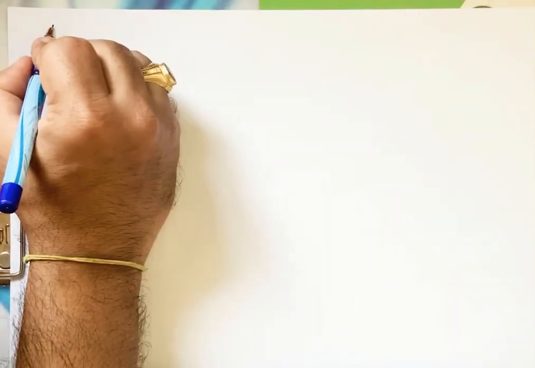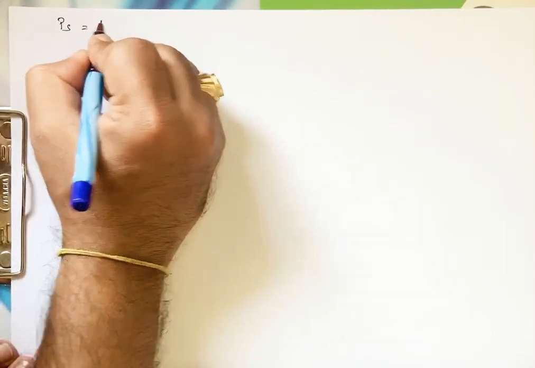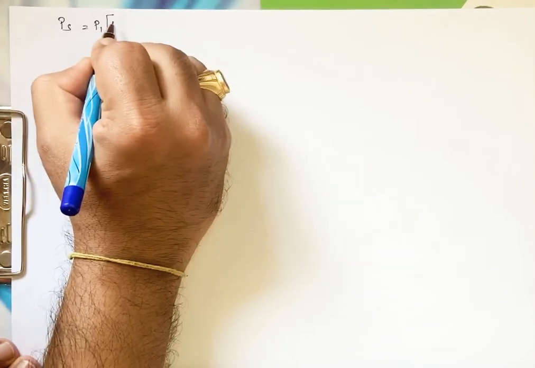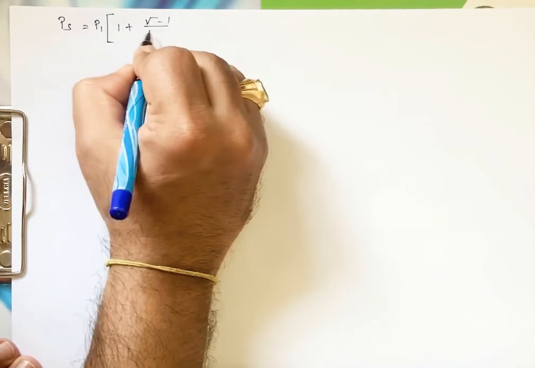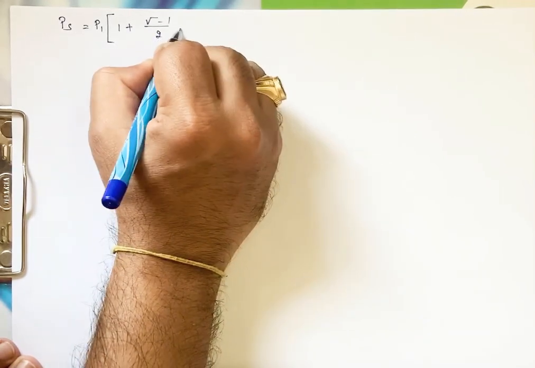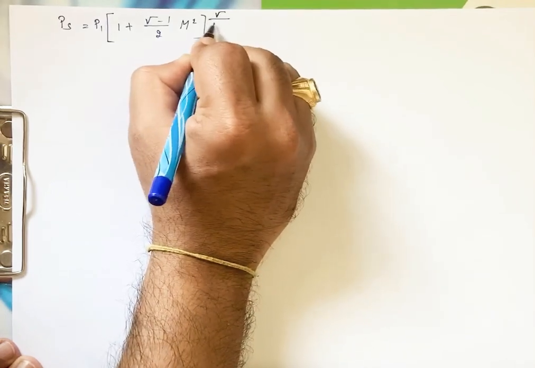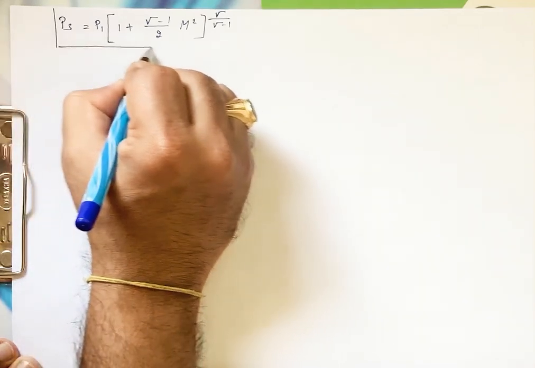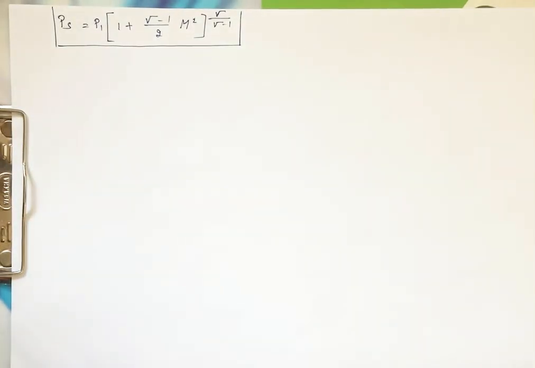Or else I can write this as Ps, the stagnation property, which is equal to P1 into 1 plus gamma minus 1 divided by 2 into m square, whole raised to gamma divided by gamma minus 1. This is the expression for stagnation pressure. Thank you.